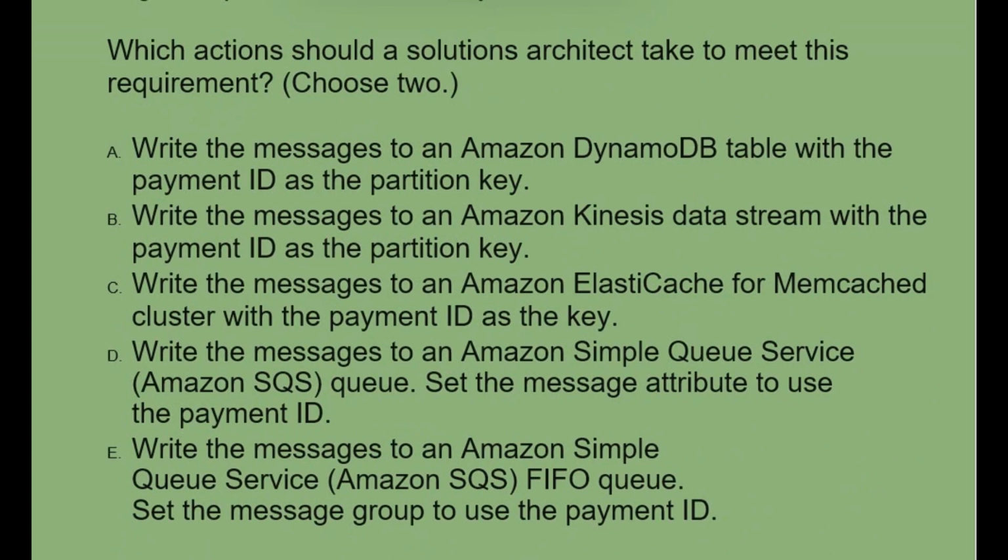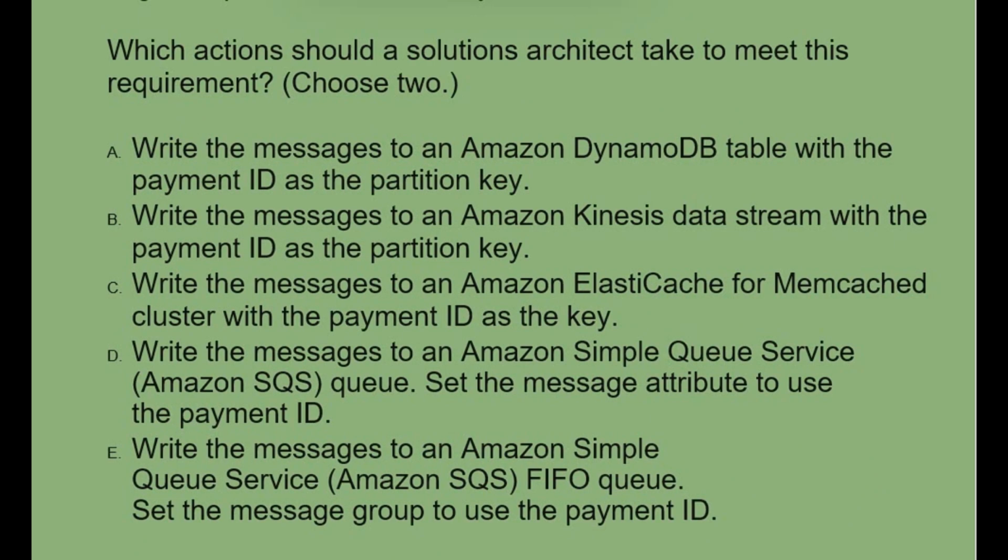Option A. Write the messages to an Amazon DynamoDB table with the payment ID as the partition key. Option B. Write the messages to an Amazon Kinesis data stream with the payment ID as the partition key. Option C. Write the messages to an Amazon ElastiCache for Memcached cluster with the payment ID as the key.